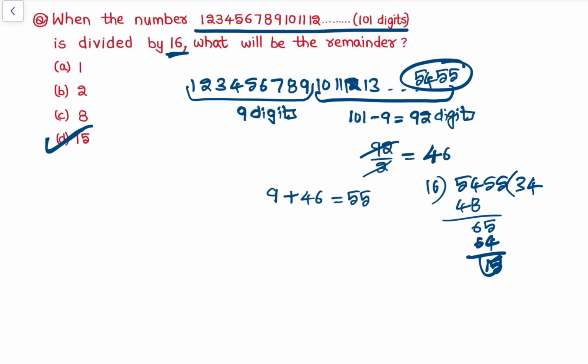So option D, 15, is the answer. So these are new types of questions. UPSC can ask them again in the CSAT paper. So with this we are done with the remainder topic. See you in the next class. Bye.